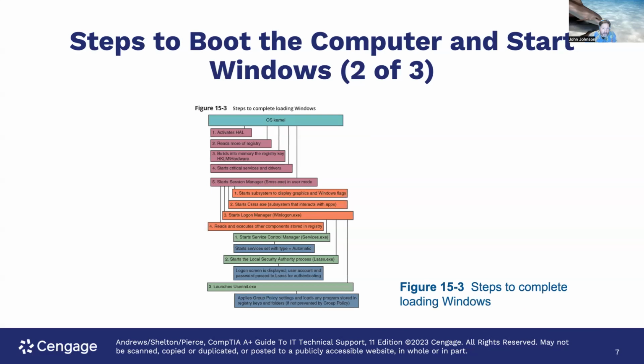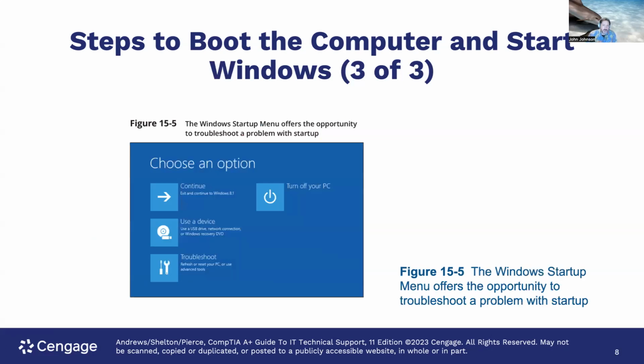And here you've also got the steps to boot the computer and start Windows, continuing on, which shows you the OS kernel. It's going to start with activating the hardware abstraction layer, going on to reading more of the registry. So it just goes on and on. Go through this and know the general idea of it. And then here we have a picture of the Windows startup menu, and this is where you can start to troubleshoot problems with your startup.